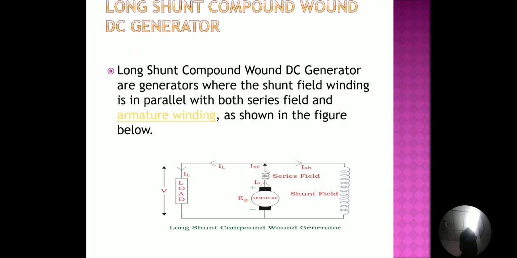The power generated is given as PG is equal to EG into IA, where IA is the armature current. And the power delivered to the load is given as PL is equal to V into IL.